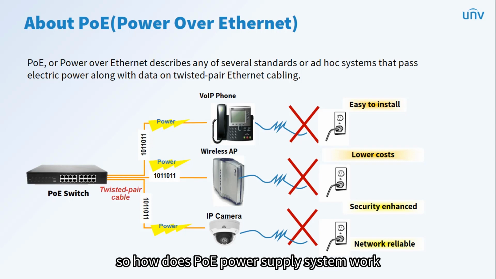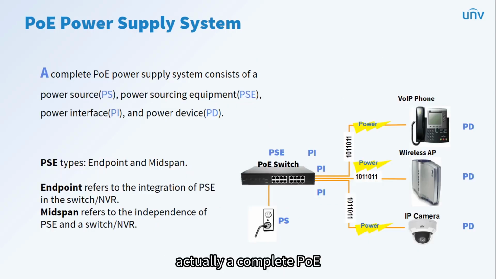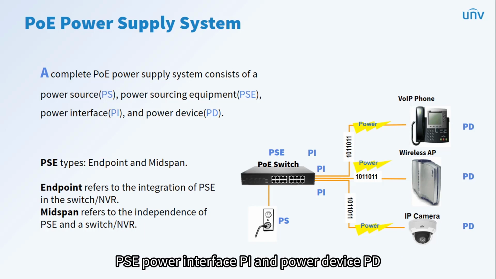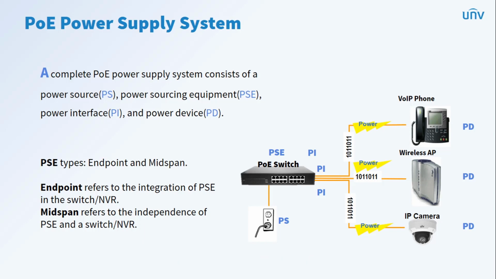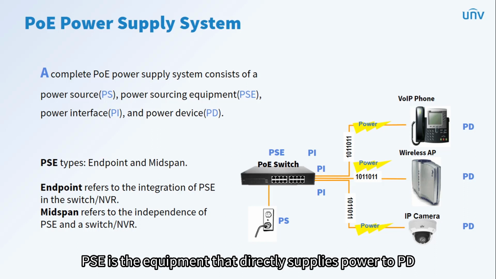So how does a PoE power supply system work? Actually, a complete PoE power supply system consists of a power source, PS, power sourcing equipment, PSE, power interface, PI, and powered device, PD. PS provides power for the whole PoE system. PSE is the equipment that directly supplies power to PD.